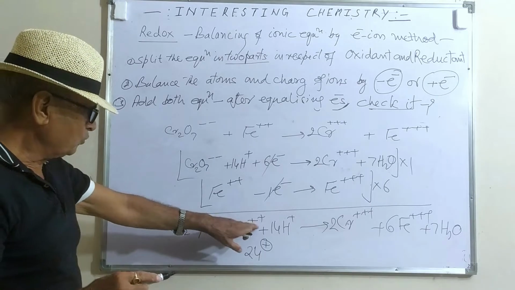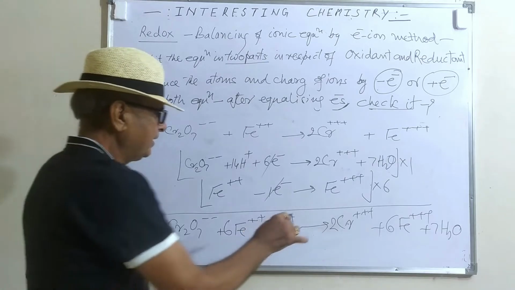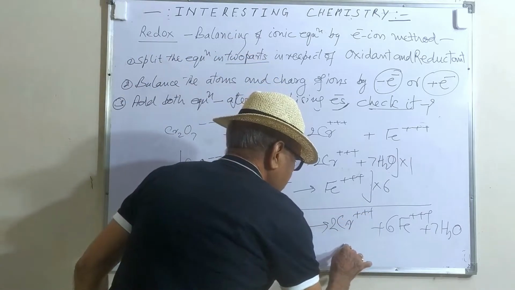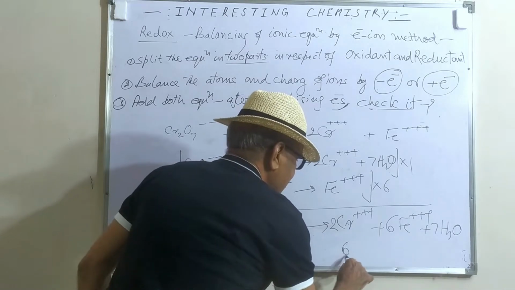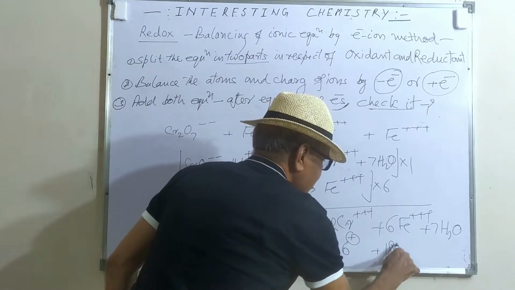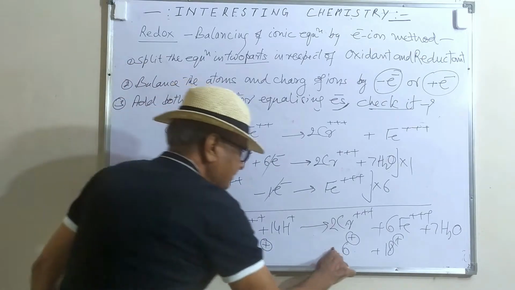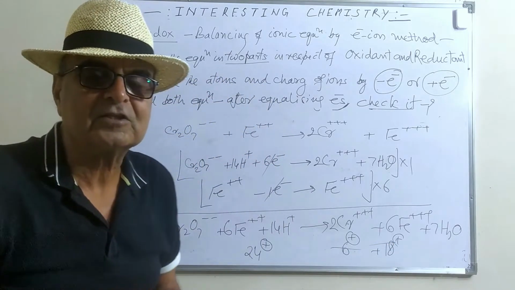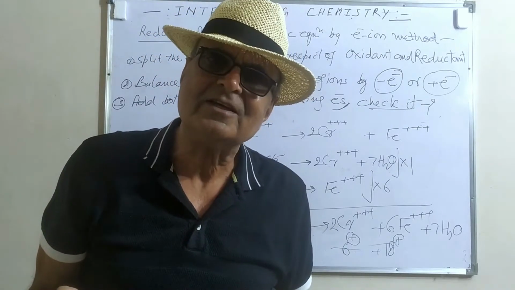Here 2 into 3, 6 positive. Here 6 into 3, 18 positive. 18 positive plus 6 positive, 24. It means this is our balanced equation.